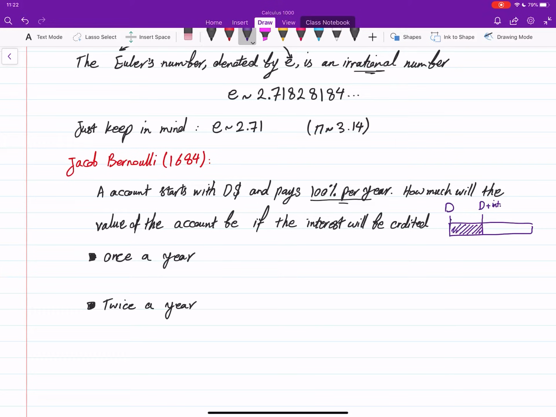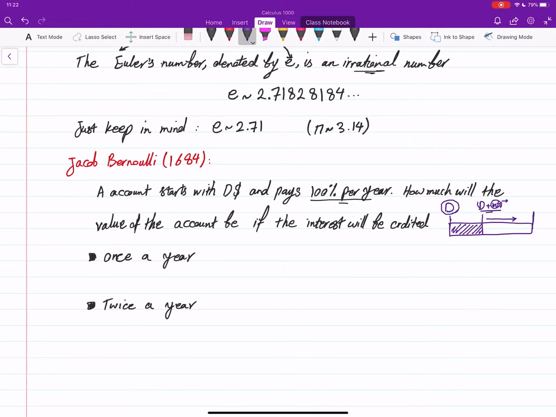How is this going to change the final result? Because from that point on, the interest will be calculated not only based on the original, the initial value of the account, but also the interest that is already credited into the account. So from that point on, this is the value, and the interest will also be considered for the value of the interest given at the end of that period.